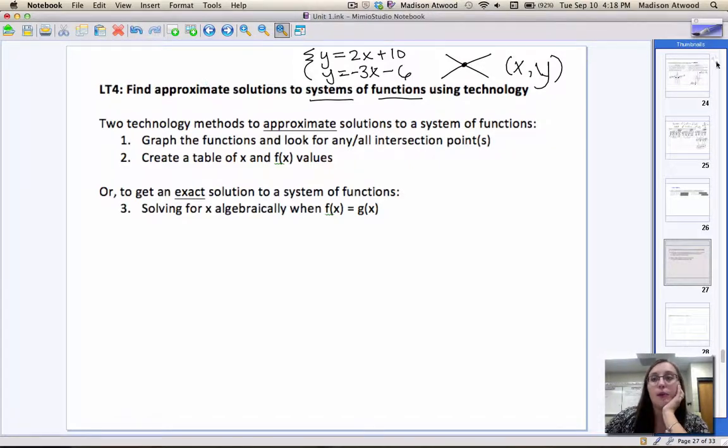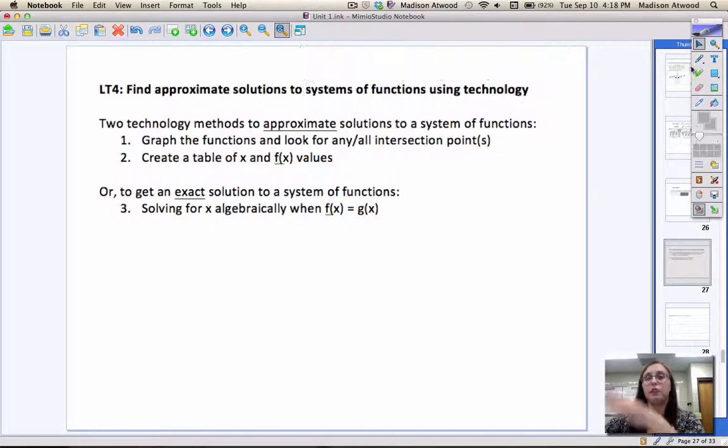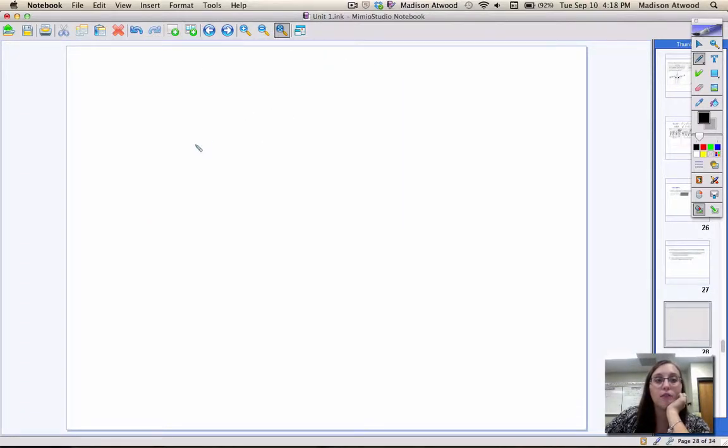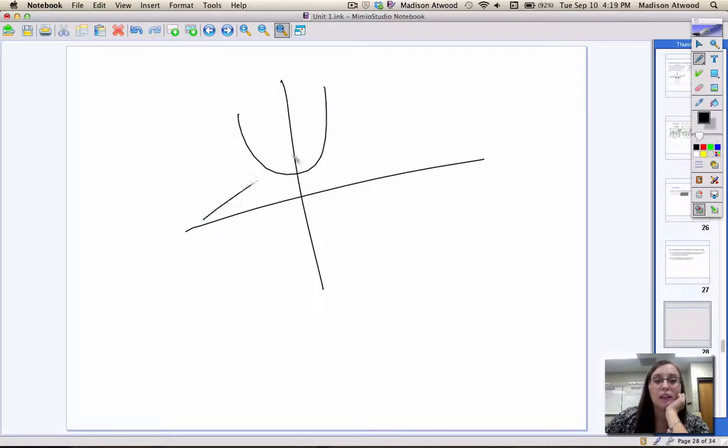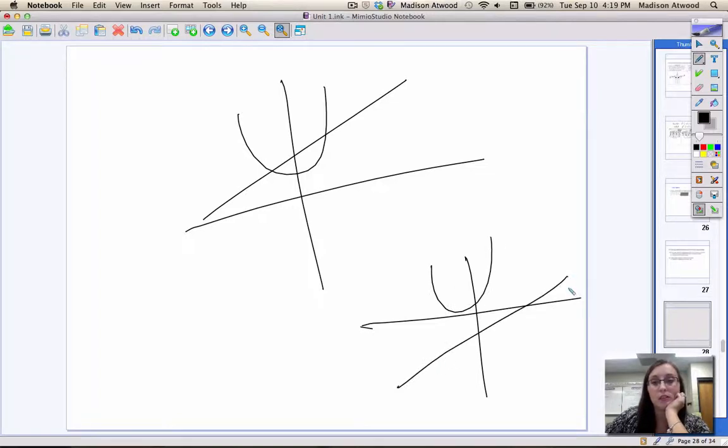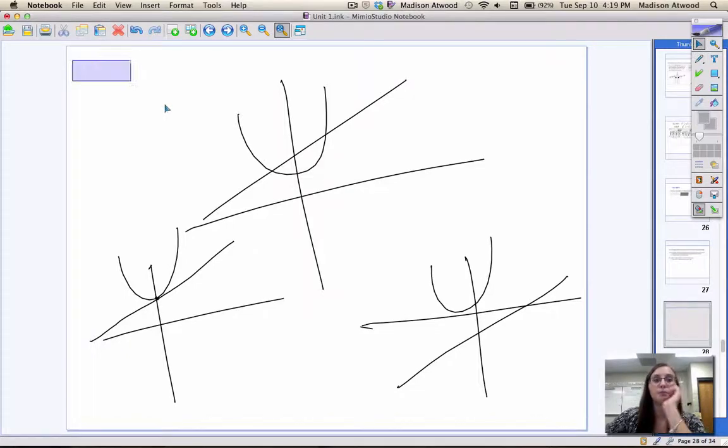And what we're going to talk about is the option of taking multiple functions, not just linear functions, and finding the solutions to those. So for example, you might have a parabola and a line where they cross twice, or you might do a parabola and a line where there's no solutions, or maybe a parabola and a line where they cross one time just right on its vertex, something like that.